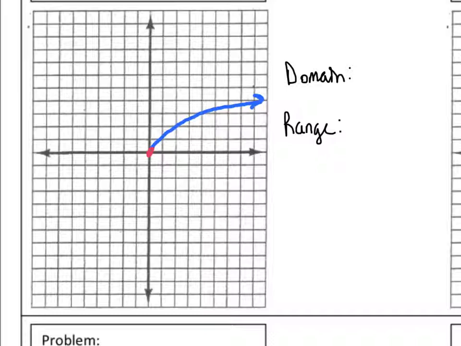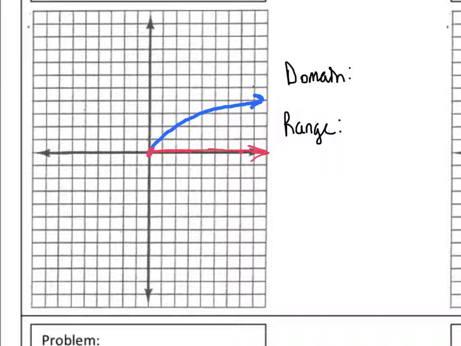No. So can x be any of those negative values? No. Does it go in the positive direction for x? Yeah. Can x be 3? Sure. Can x be 7? Yeah. X can be anything from 0 in the positive direction.